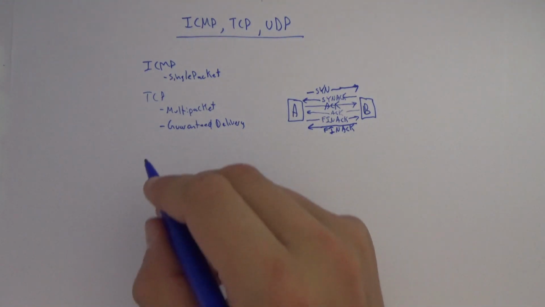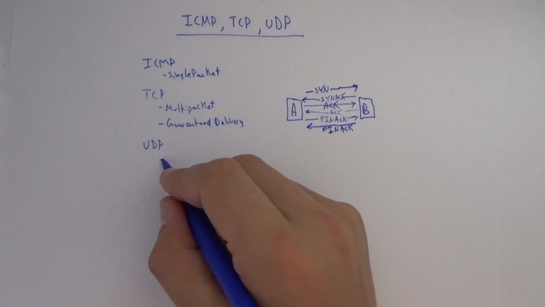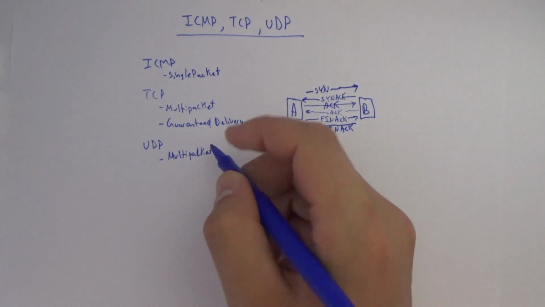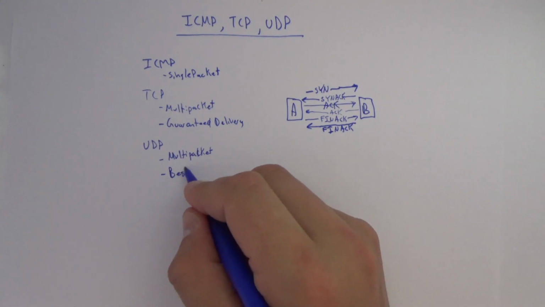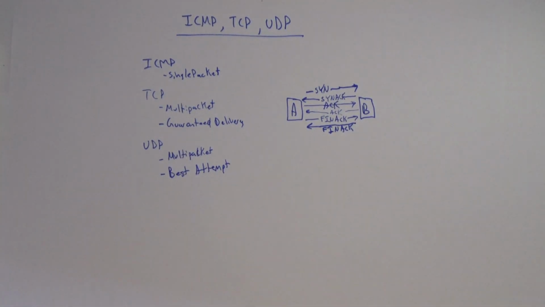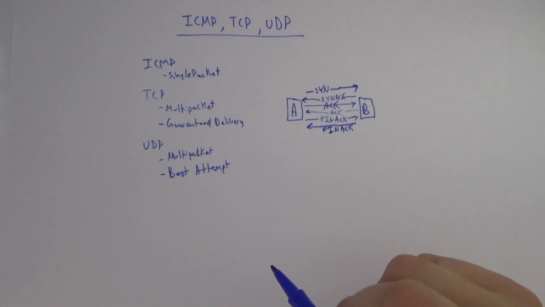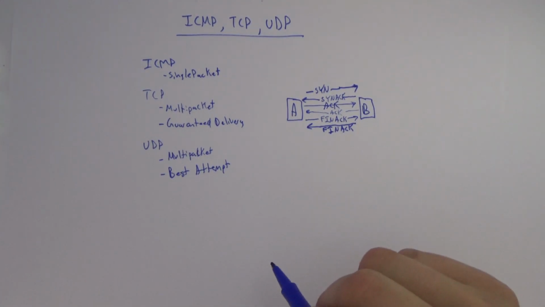Now, UDP, on the other hand, the User Datagram Protocol, is another multi-packet protocol, much like TCP, but there's a slight difference. Rather than guaranteed delivery, UDP is all about best attempt delivery. So where TCP divides information into packets to send, UDP divides information into what we call datagrams to send, and it doesn't necessarily care if the other end receives everything.